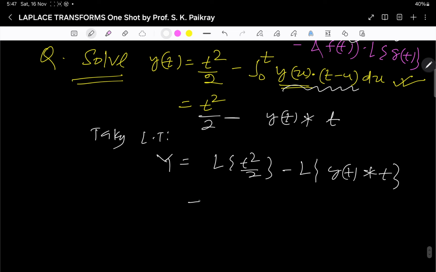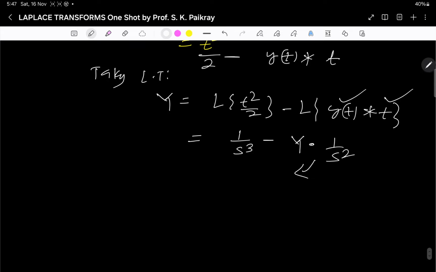So L of t square by 2 is 2 by s cube, 2 cancelled, it is 1 by s cube, minus individually this is Y into this is 1 by s square, is it not? So now bringing this to this side, that means my Y into 1 plus 1 by s square is 1 by s cube.